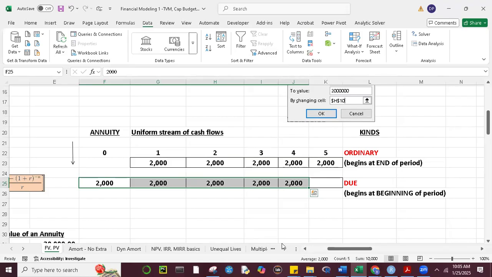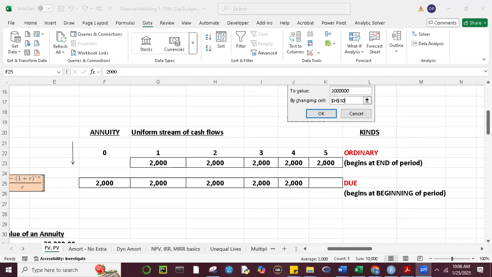Now, let me ask you one thing. Which do you think will give you a higher present value, annuity ordinary or annuity due, assuming that you have the same cash flow and the same rate?